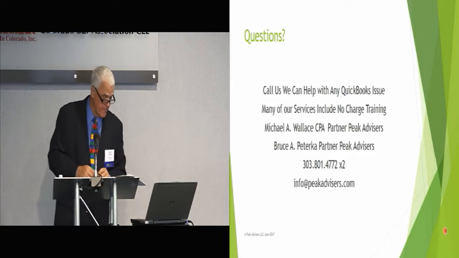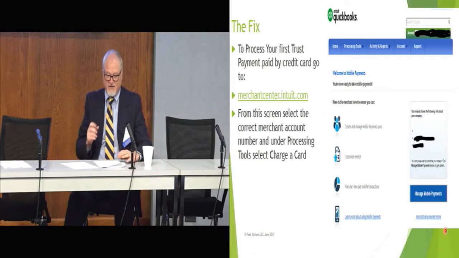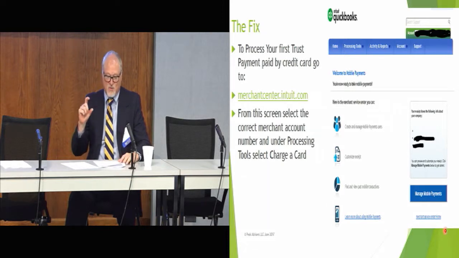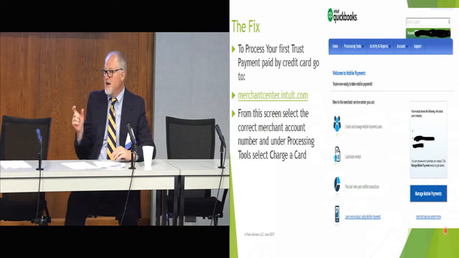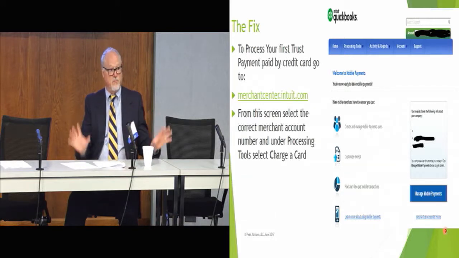The last slide here, if you can go back one, Mike, for the fix and what you see for the merchant services. If you notice the header, you've got the home, processing, tools, activities and reports, and account. In this Merchant Center, you also have the advantage of looking at more of the detail for both accounts.